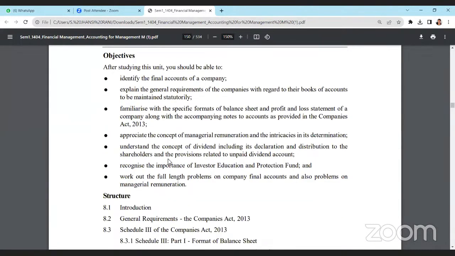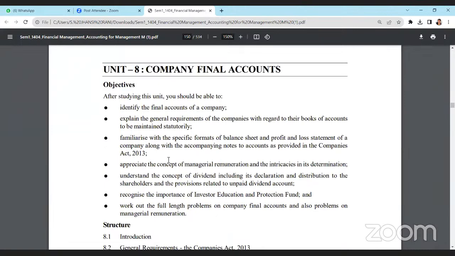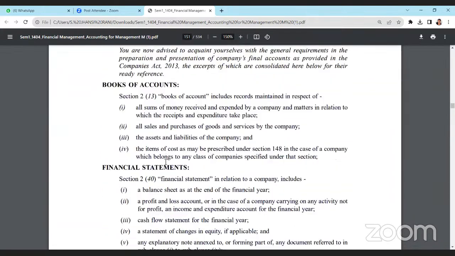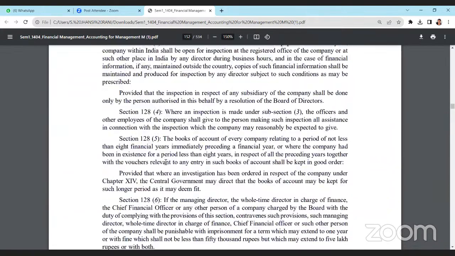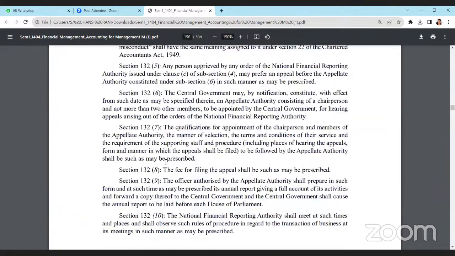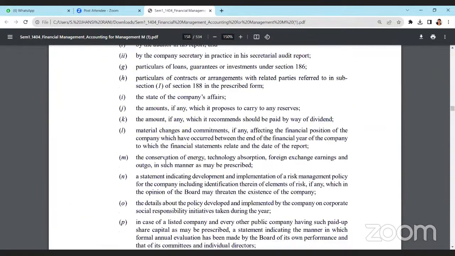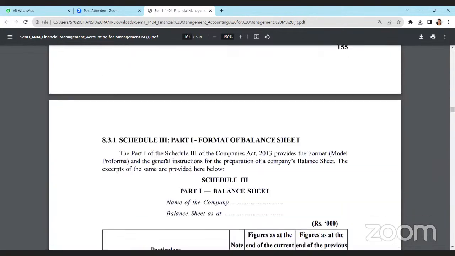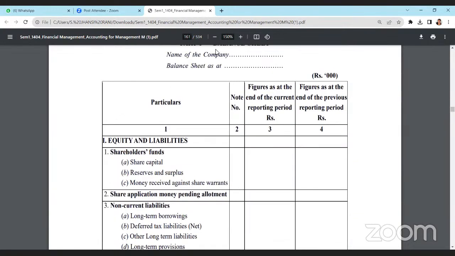This is the actual one: the company's final accounts, how the company final accounts are actually prepared. So this is the format.